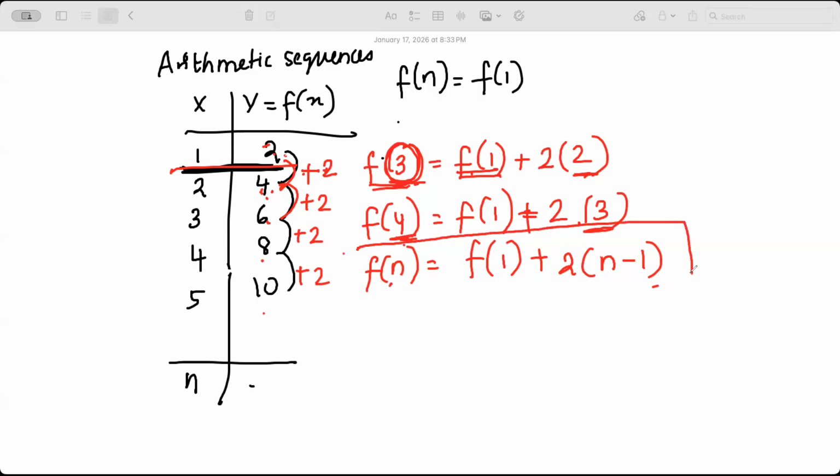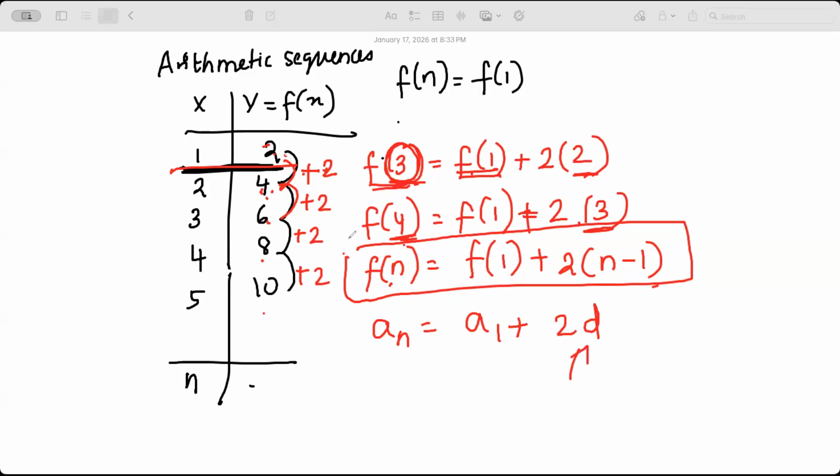So, to find my nth term, I can write a n equals a1 plus 2d. D is the common difference, a1 is the first term, an is the nth term. So if you're given the first term and the common difference, I'm sorry, this is not 2d, right? Isn't it n minus 1 times d? N minus 1 times d, 2 is d right here. Yeah.